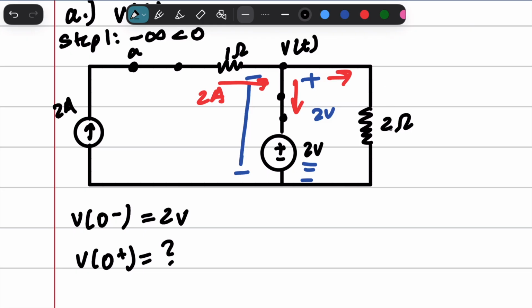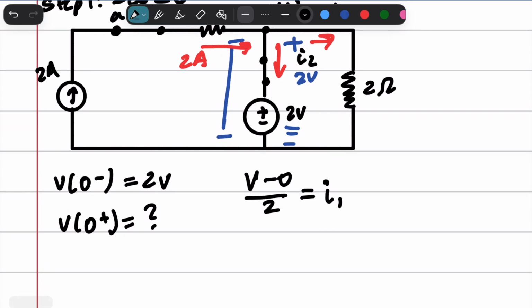But we actually know what this voltage is. We actually know what this current right here is, because we can apply Ohm's law saying V minus 0 over 2 is equal to this I right here. So we're going to call this I1, and we'll call this one I2.